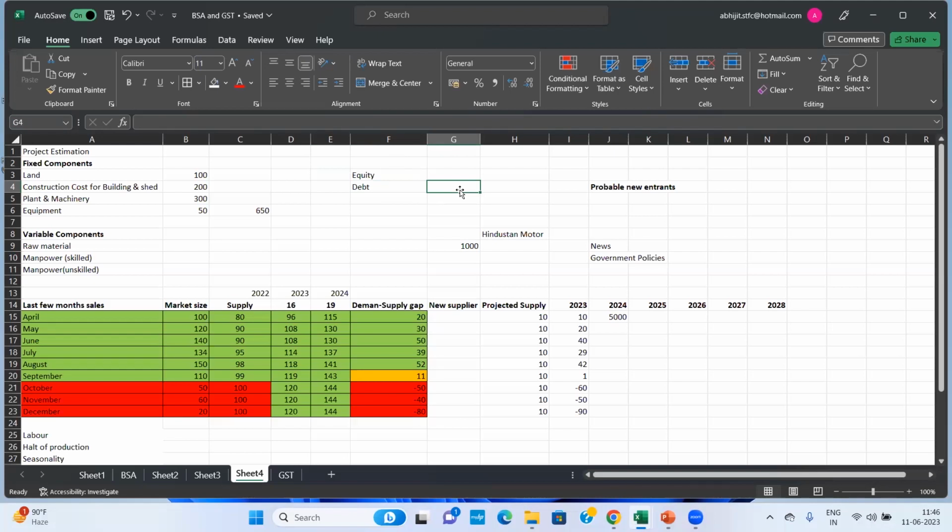Now, what are the tax implications of investing this money in equity and debt? I have to increase the profitability of the company. What is the tax implication when I take debt and when I take equity?